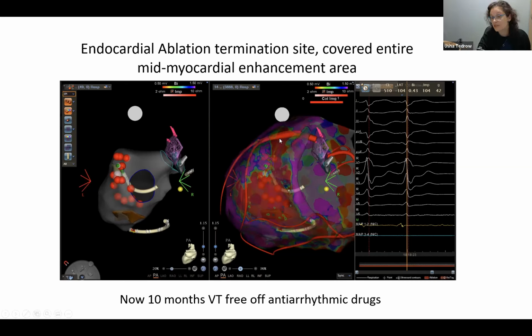When we remapped, it's very interesting, the epicardial scar got bigger. So I think we were sort of peeling away, like an onion, the normal tissue that was overlying the fibrosis. He's now 10 months VT-free off of antiarrhythmic drugs.